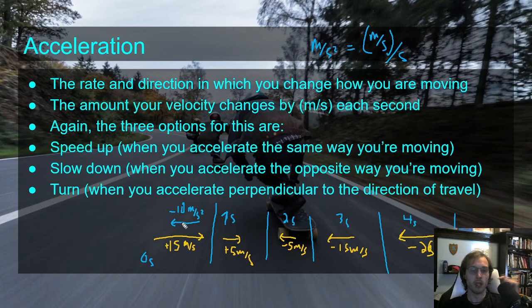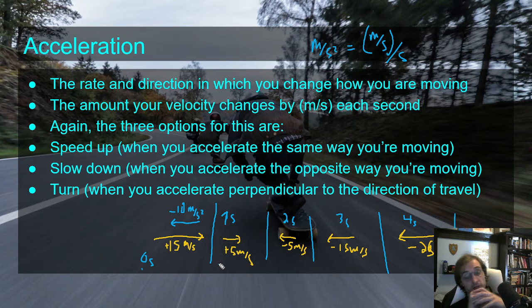And what's interesting about this to me, and what tends to be kind of tricky for people, is that if you're looking at what's happening from 0 seconds to 1 second, it's actually slowing down. This is because it's moving forward, but you're taking away from that forward by an amount of the acceleration every second, because you're saying add more negative, add more backwards to it.